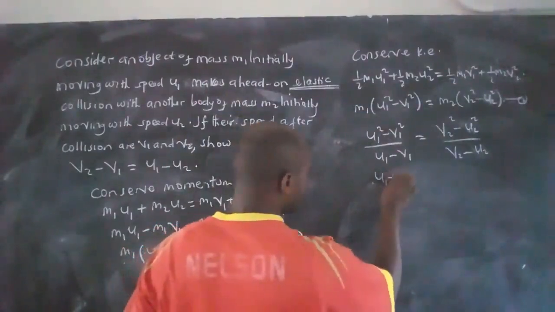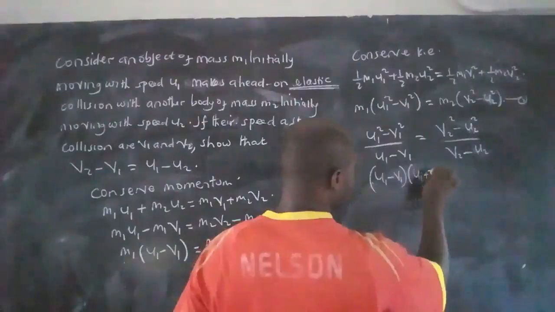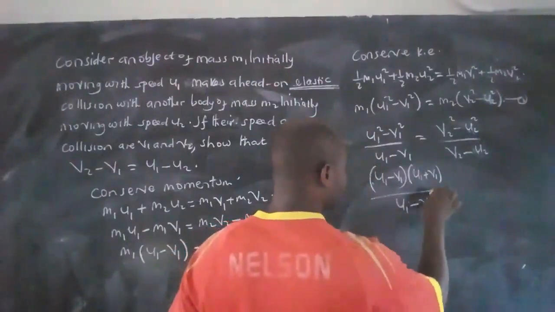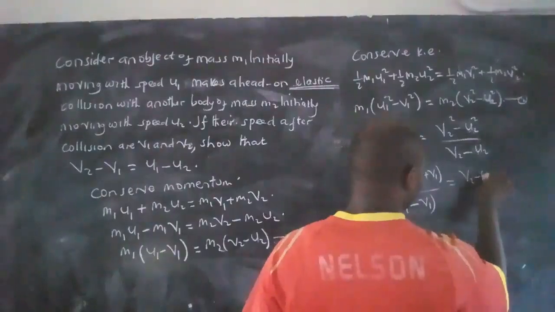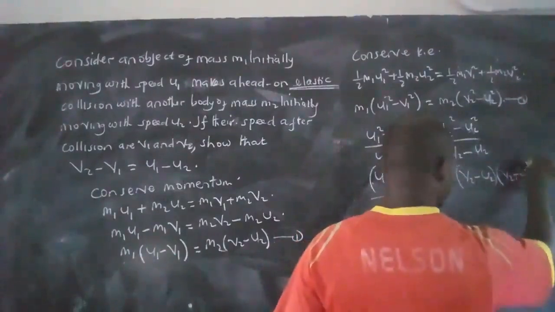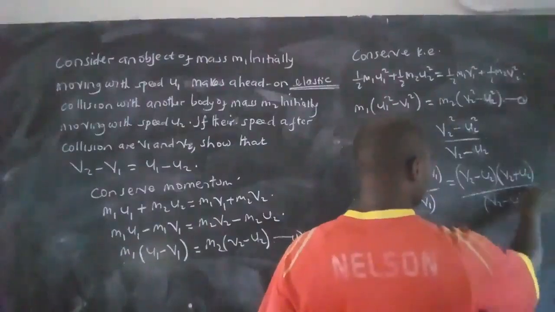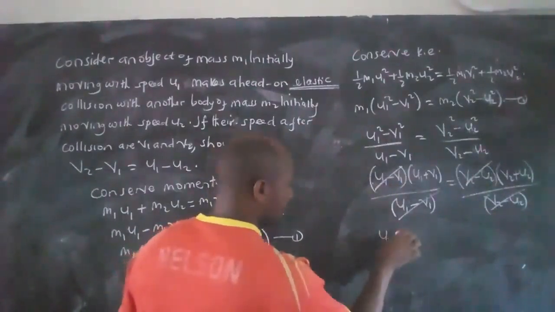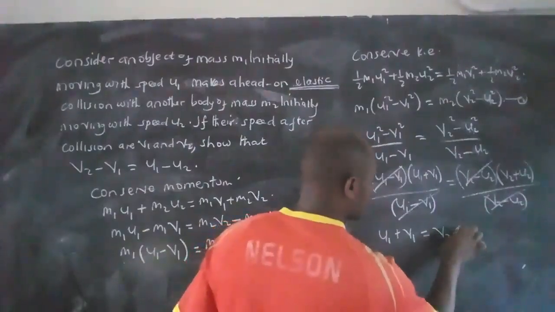So this is u1 minus v1 into u1 plus v1 divided by u1 minus v1, is equal to v2 minus u2 into v2 plus u2 divided by v2 minus u2. So this will cancel that, this with that. We are left with u1 plus v1 is equal to v2 plus u2.